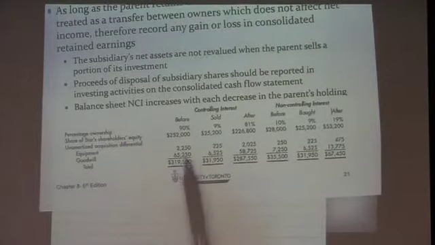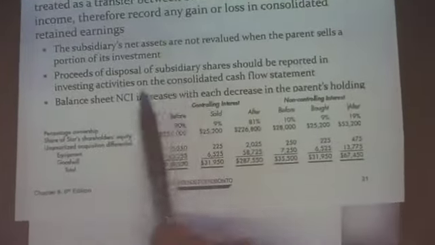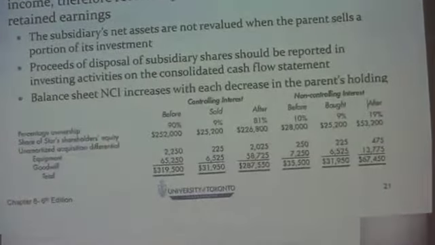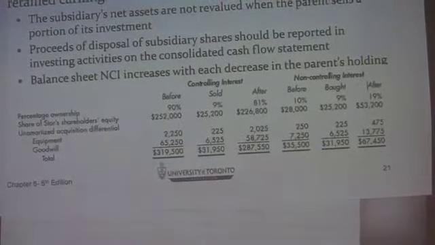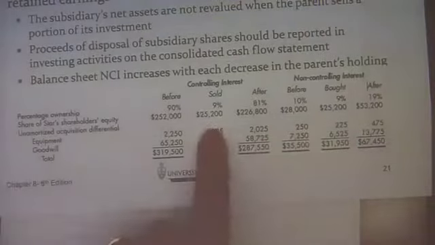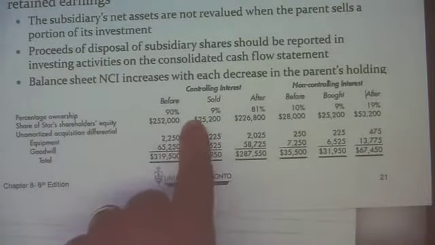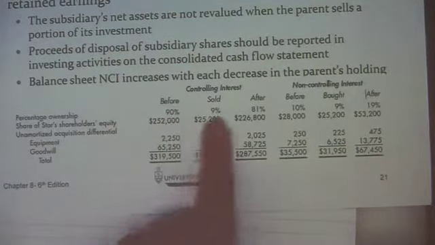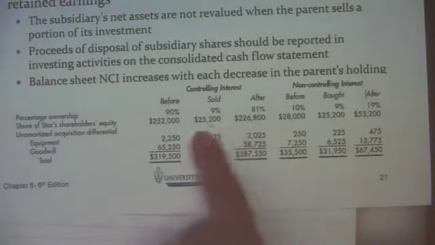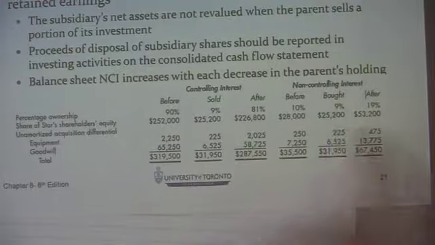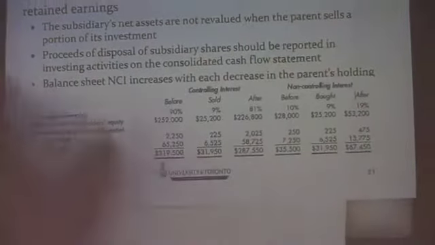Because we still control it, all we're doing is transferring the unamortized acquisition differential to the non-controlling interest. In this case, we're taking 9% off and giving it to the non-controlling interest. Okay, so we're going to actually do that simple example. So why don't we get started with answering the question.